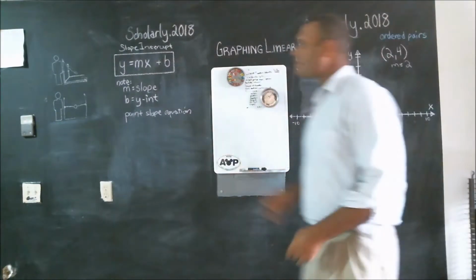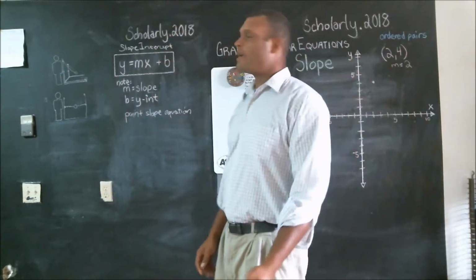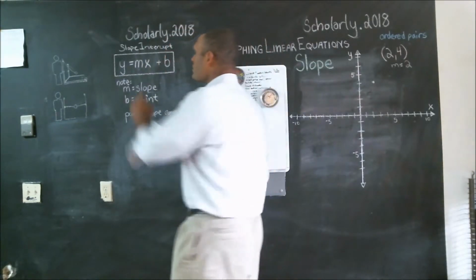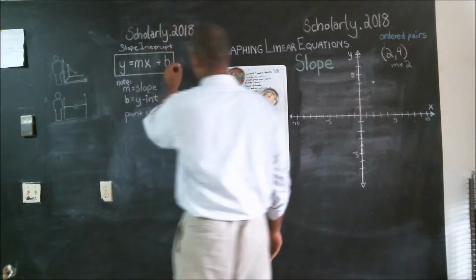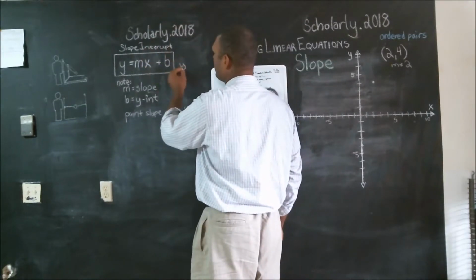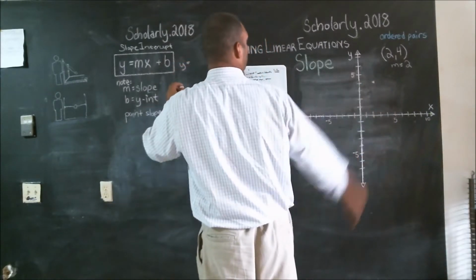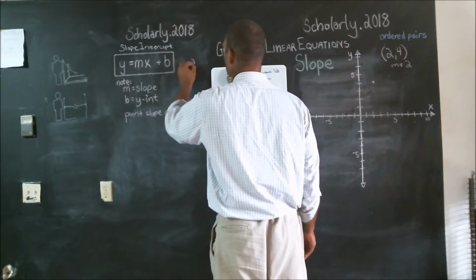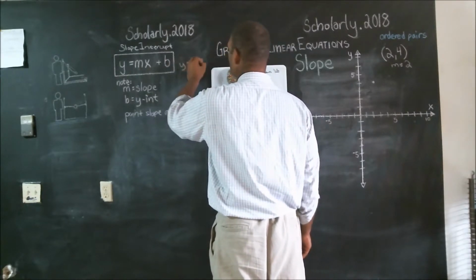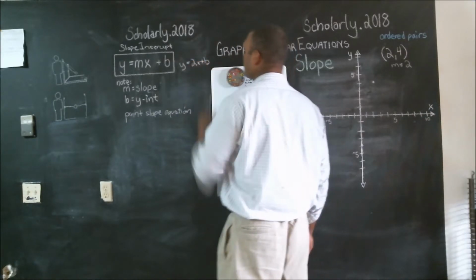Okay? So we're given that information. We're given our 2 coordinates, and we're given our slope. So we can plug this into the equation. Let's plug it into our slope intercept form. So y equals 2x plus b, because we don't know anything else.